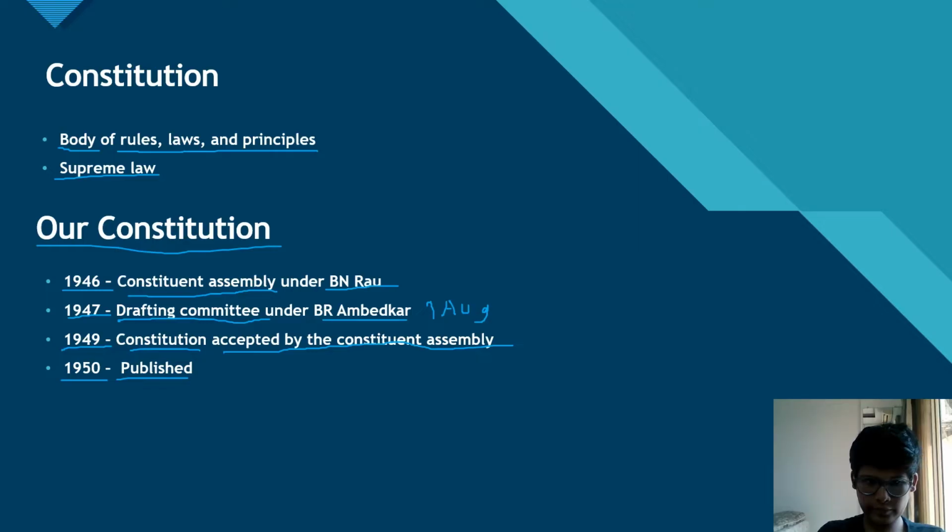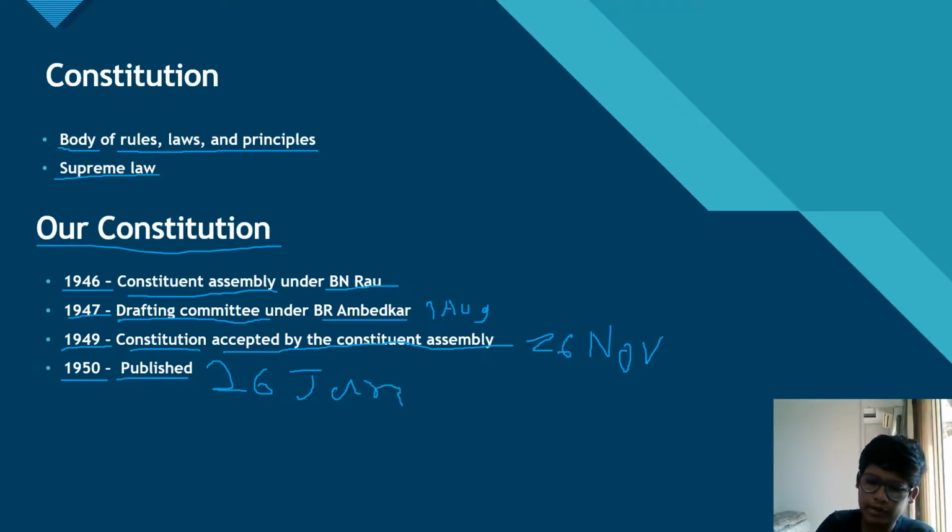Okay, it's not ended there. In 1949, actually 26 November 1949 was the date. Then in 1950, you already know the date now, 26 Jan, for those of you who don't know.